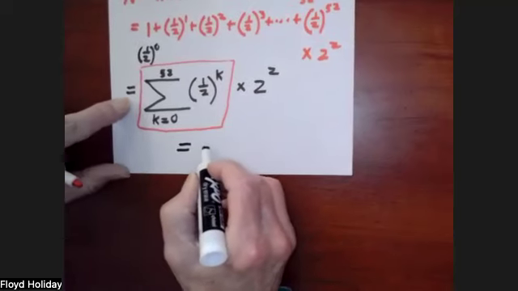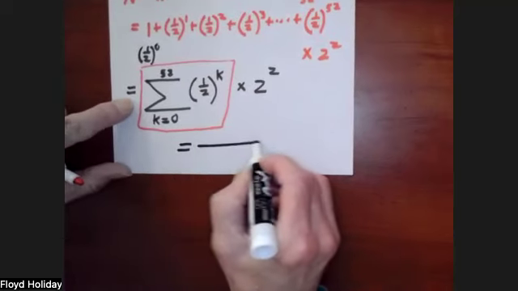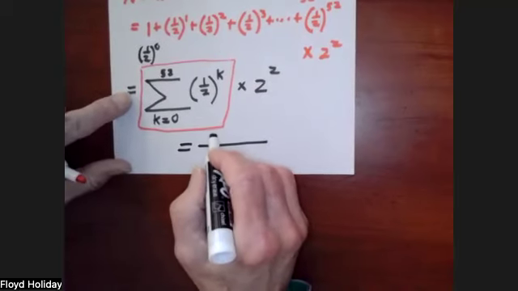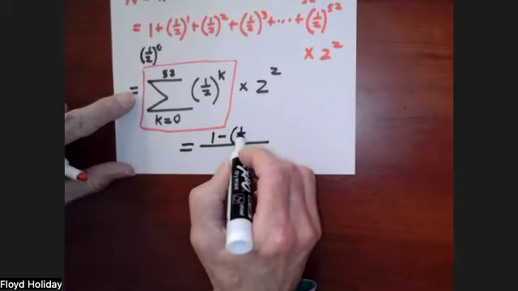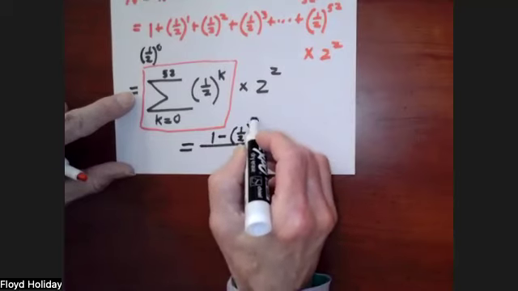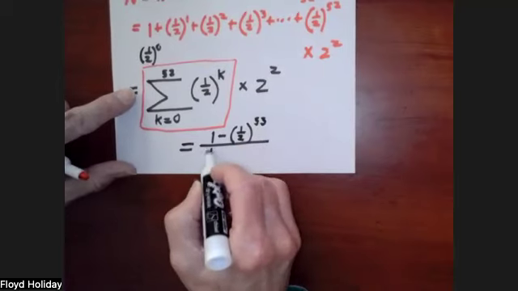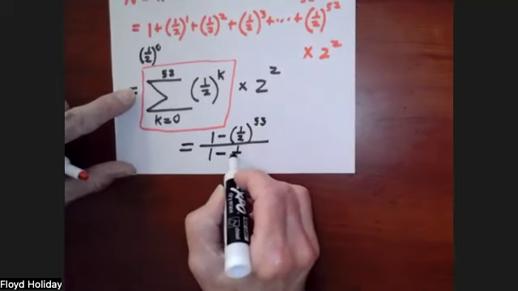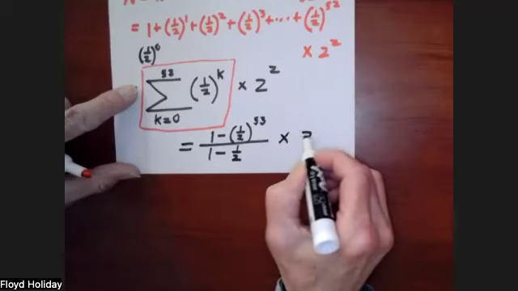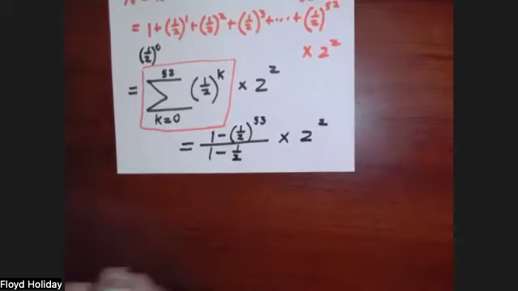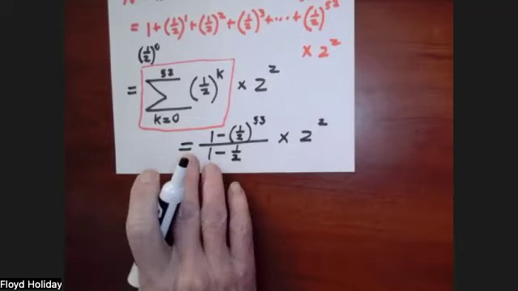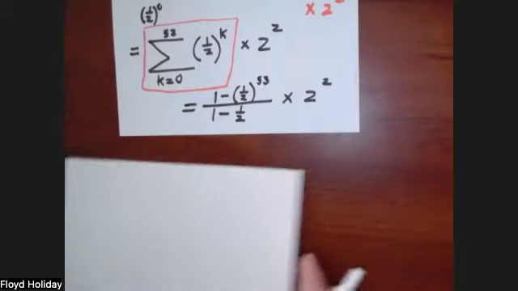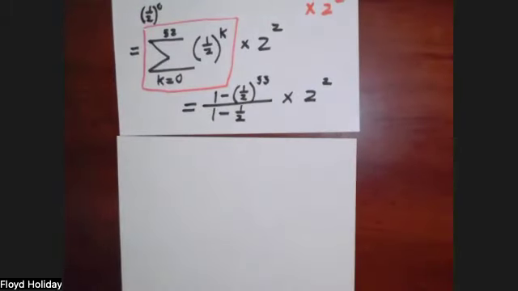E is half to the 53 divided by 1 minus a half to the... we go as far as we can without using a calculator, then we stop.